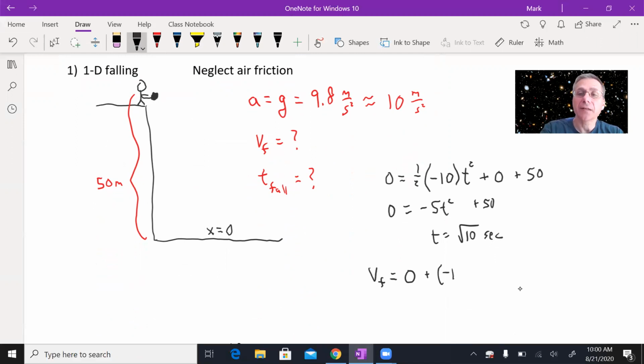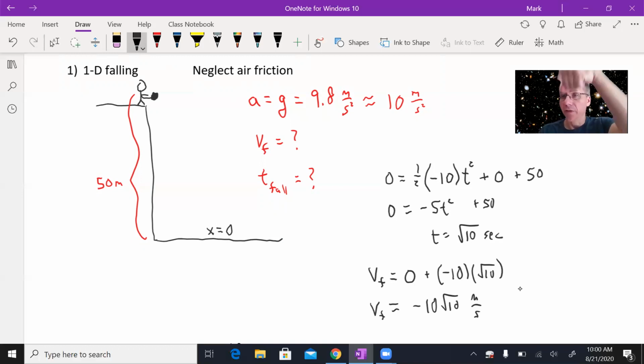The acceleration is -10. The time that we just figured out is the square root of 10. Now notice you get a negative number, -10 root 10. This has units of meters per second since it's your actual speed there. What's that minus sign? Well, the minus sign tells you the direction it's moving. Okay, it's moving downwards right before it hits the ground, and it's moving that fast, a little over 30 meters per second.